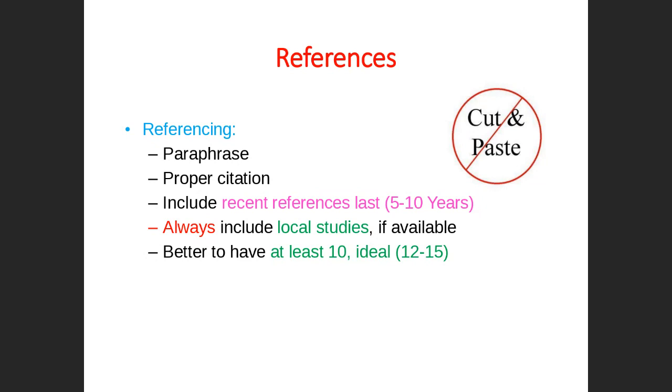But that's not really helpful when you are doing research here in the kingdom. You have to mention national research. A lot of universities, Taiba University, King Abdulaziz University, medical students around the kingdom, are doing a lot of research. So it's really useful to find sources of information about similar studies that have been done around the kingdom.